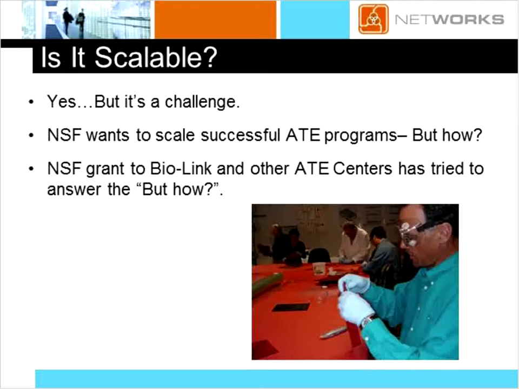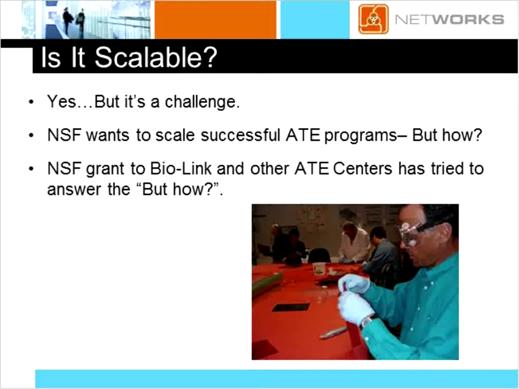The National Science Foundation is very interested in looking at how you would scale successful programs that are in what NSF has funded, their Advanced Technological Education Centers, ATE centers. So the project from NSF has been a 3-year project. Bridge to Biotechnology is one of those 13 projects that's being scaled.